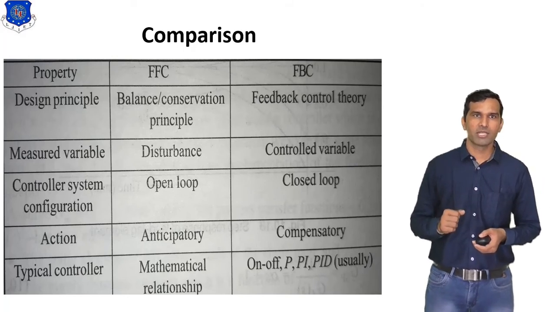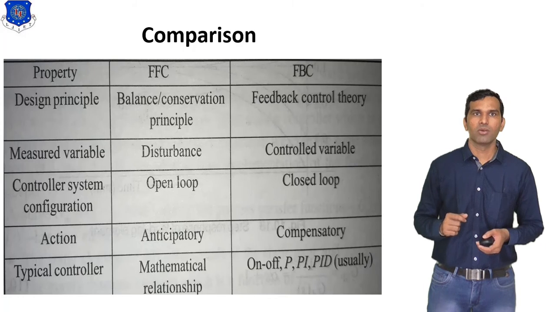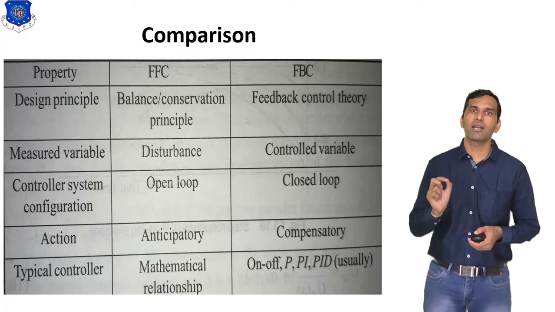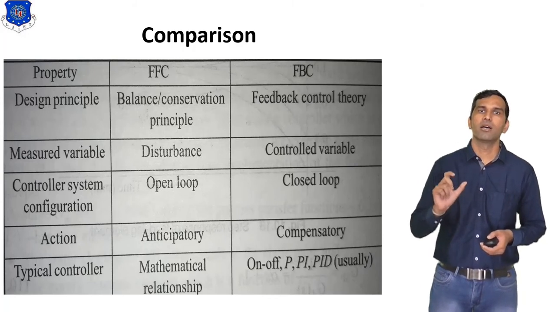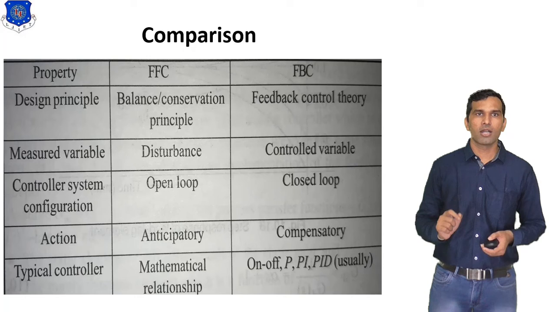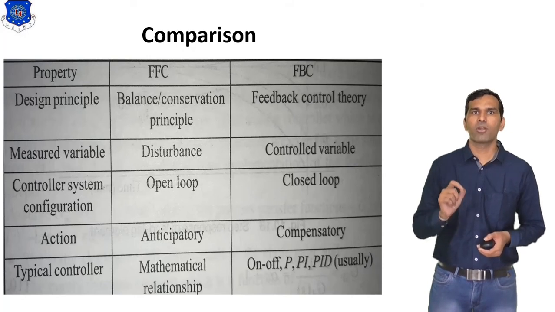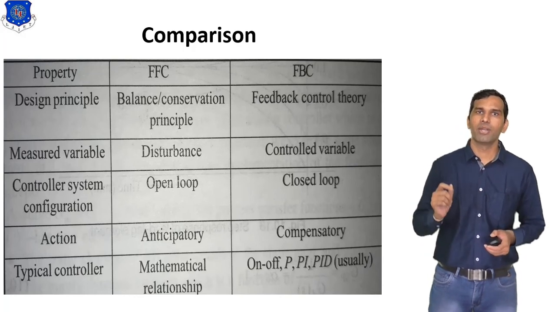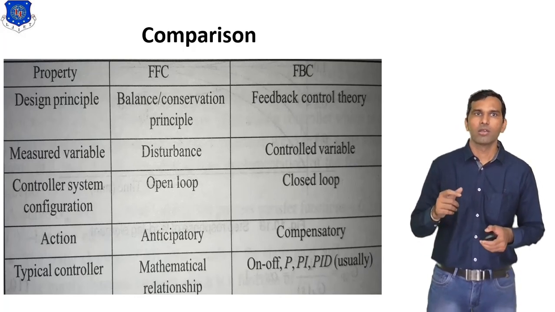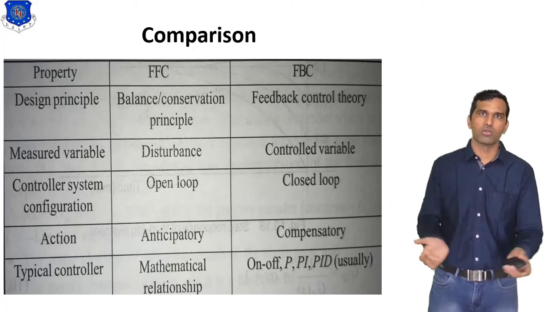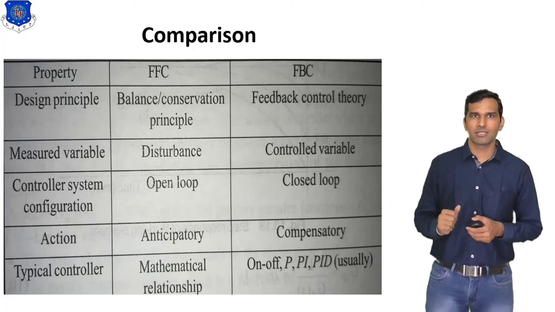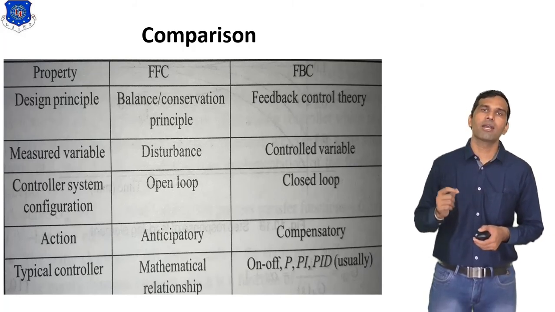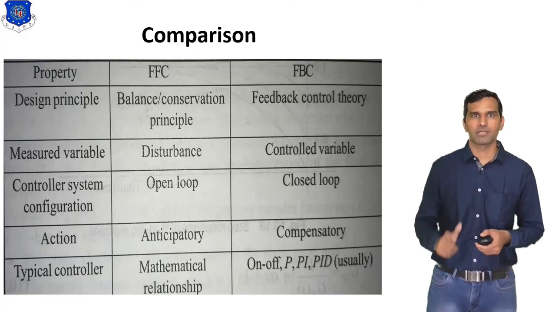The measured variable in the feed-forward control system is the disturbance variable, and in the feedback control system the measured variable is the control variable. The control system configuration in the feed-forward control system is open loop, and in the feedback control system it is closed loop. The action is anticipatory in the feed-forward control system, and compensatory in the feedback control system.